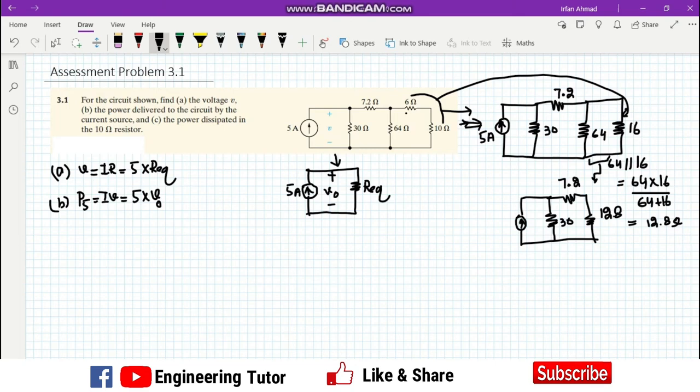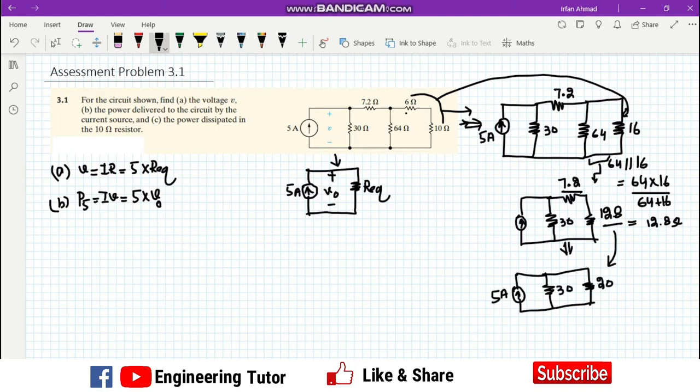This is our source. Now these two are in series, so converting into their equivalent form, we have 12.8 plus 7.2. This is 20 ohm, this is 30, and this is the 5 ampere source.